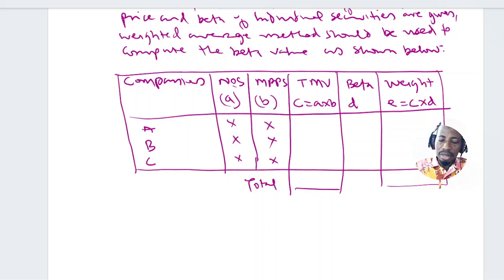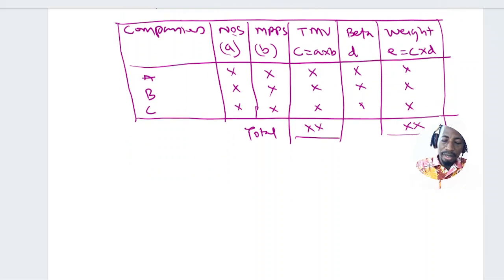So to get the total market value, just multiply the number of shares with the market price per share. The beta value of individual security will surely be given. Then to get the weights, just multiply the total market value with the beta value of individual security to get the overall total weight, then total market value.